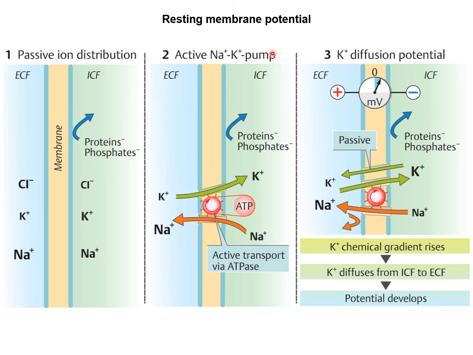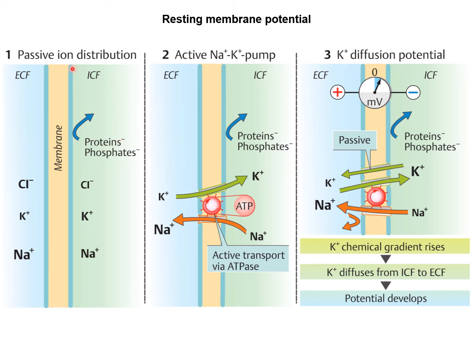Now, how do we get the resting membrane potential? I told you that the inside of the cell tends to be more negative than the outside. How? Well, first of all, I have chloride, potassium, and sodium, and let's say we have equal concentrations for both on both sides. Well, we have some proteins which have a negative charge and some phosphates which also have negative charge that are inside the cell, and they cannot pass through the membrane, and they're only concentrated on the inside.